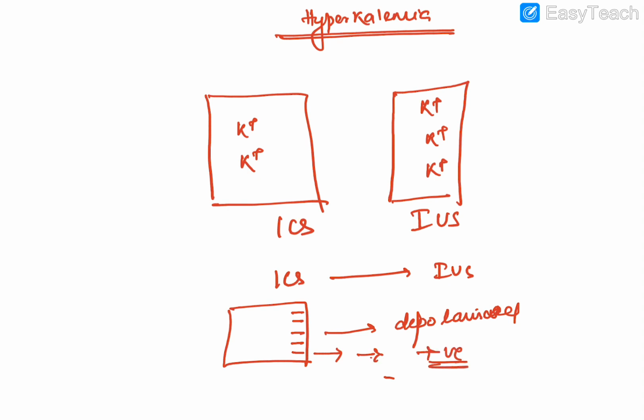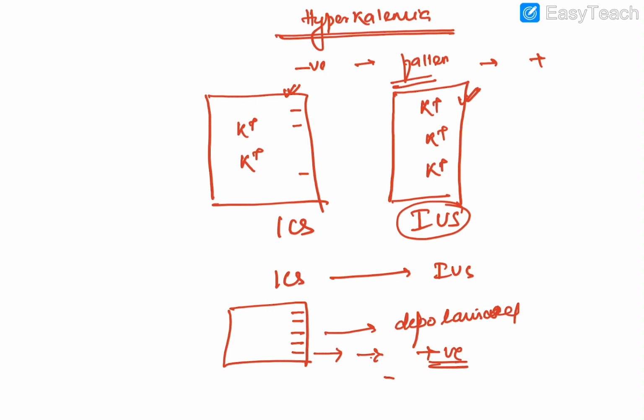So what happens if the potassium level is high in the intravascular space? You can understand that less negative charge will be created inside. So what does that mean? That means the negative resting membrane potential has actually fallen. The negative charge has fallen.